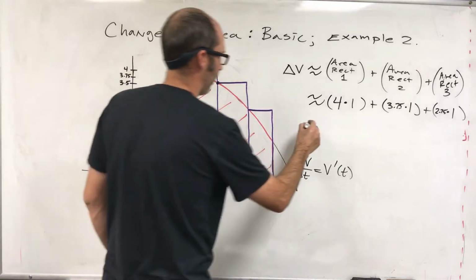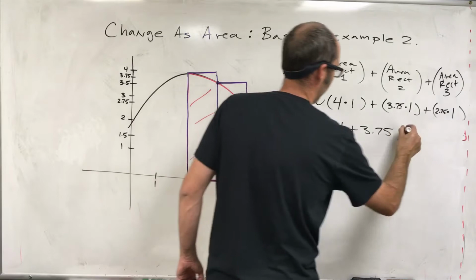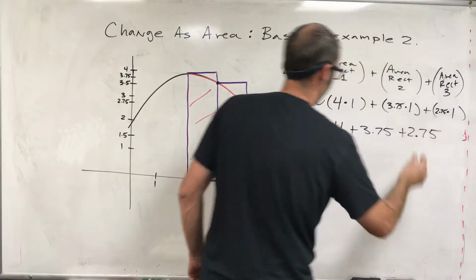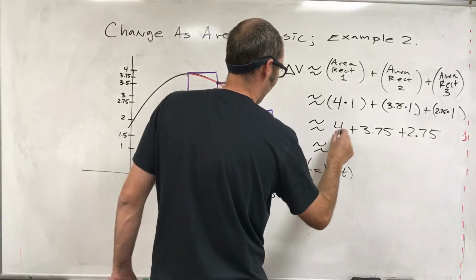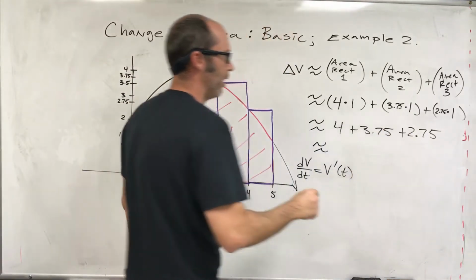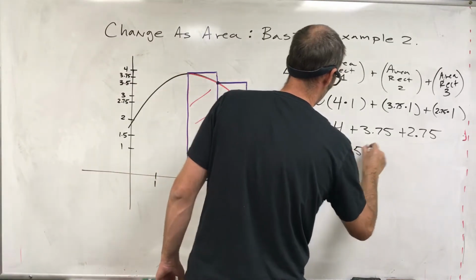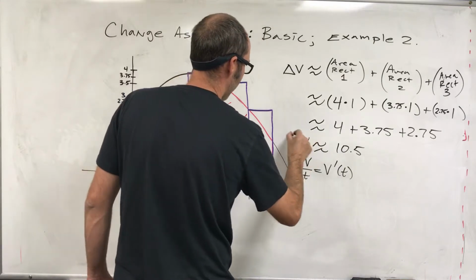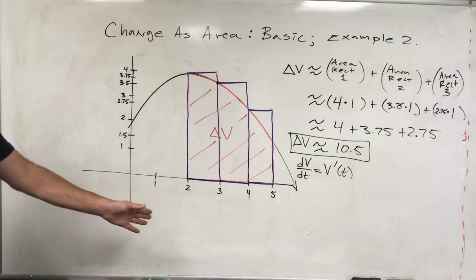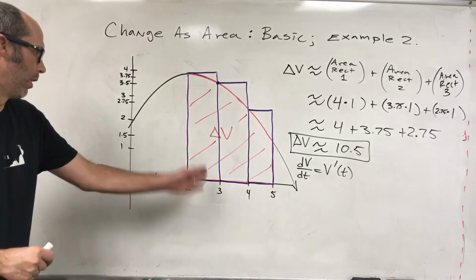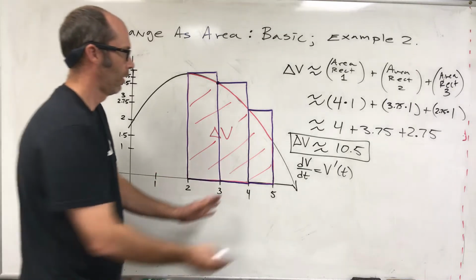So you can see that 4 plus 3.75 plus 2.75, do the math there. You've got 4, 5, 6, 7, 8, 9. 9 plus 1.5 is 10.5. So my approximate change in V, using 3 rectangles where heights are determined by left-hand endpoints, is that.